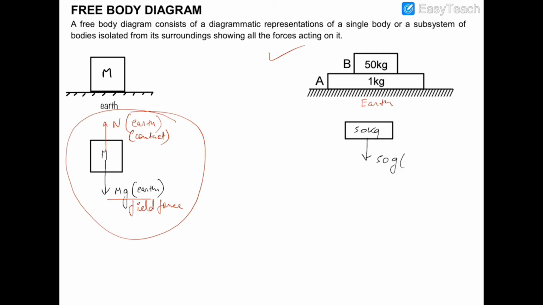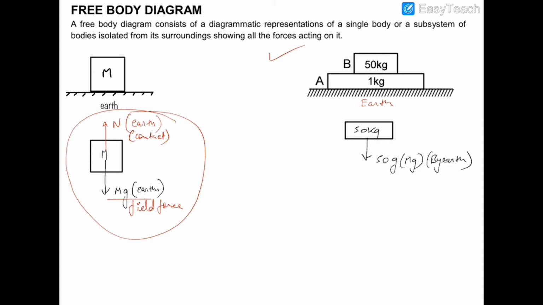This is mg, and this force is being applied by earth, and this is a field force.